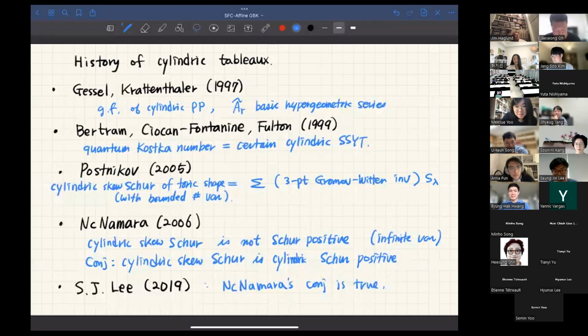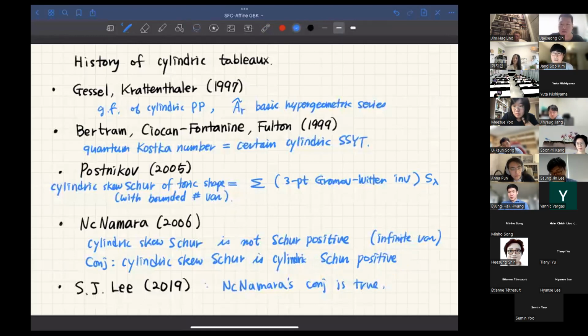I have one more question. Have you ever considered operations like promotion or evacuation on standard tableaux? Is there a generalization to cylindric objects, and can we translate it into lattice paths or something?